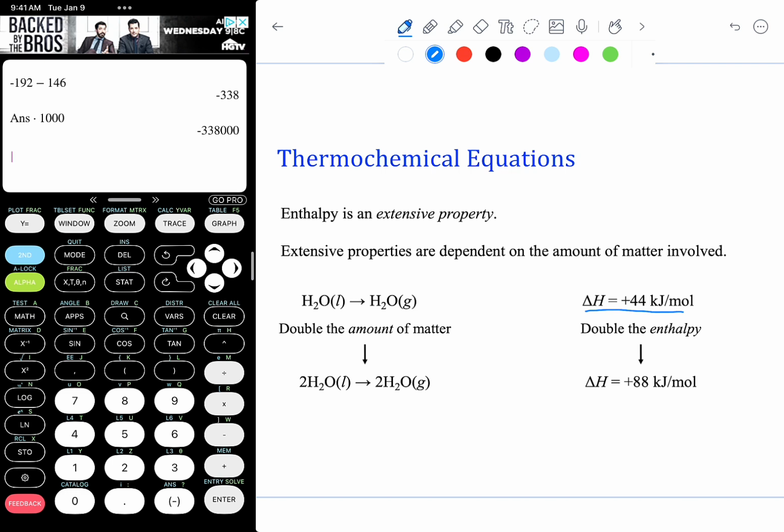So if I double the amount of matter and now have 2 moles of water turning from a liquid to 2 moles of gas, what's going to happen to the enthalpy is it's also going to double, okay? So it's an extensive property, meaning it's dependent on the amount of matter involved. So however you change the chemical equation, you should also change the enthalpy.